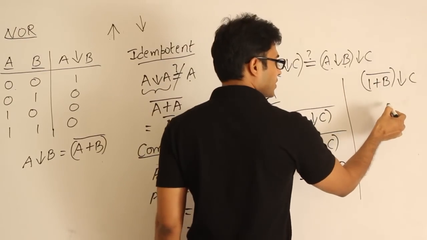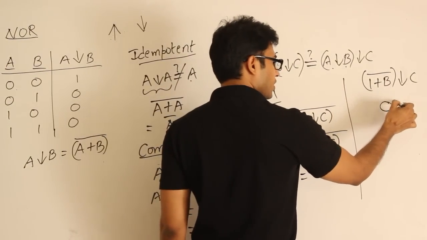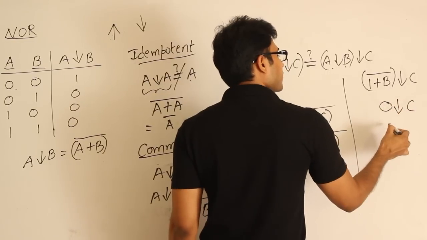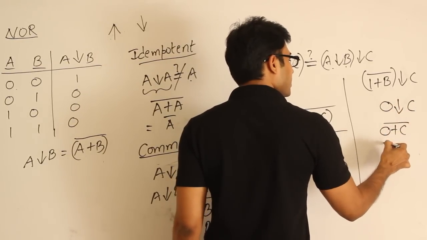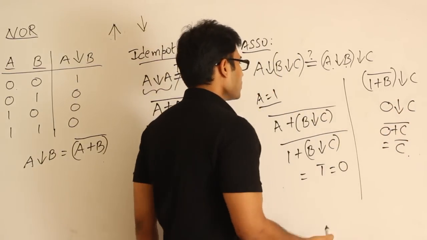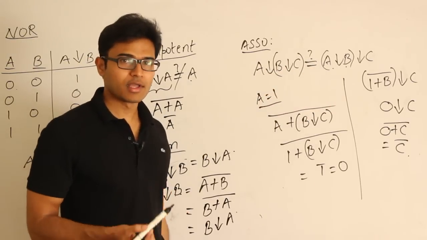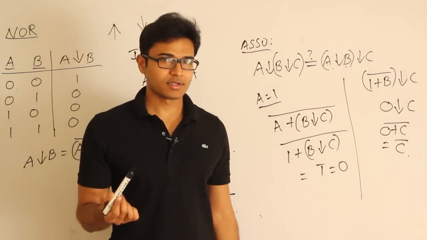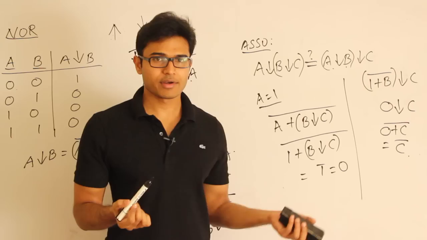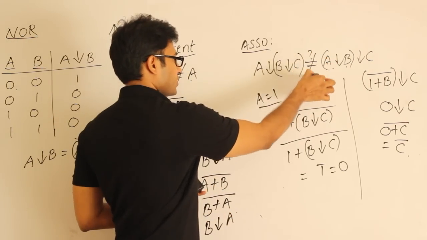Because 1 plus B is 1 and the complement is 0. Now we got 0 NOR C, which is nothing but (0 plus C) complement. Again I got C complement, right? So now after putting A equal to 1, LHS is not equal to RHS. Therefore, if for one combination it is not equal, there is no point in checking the other combinations. So it is not associative, right?